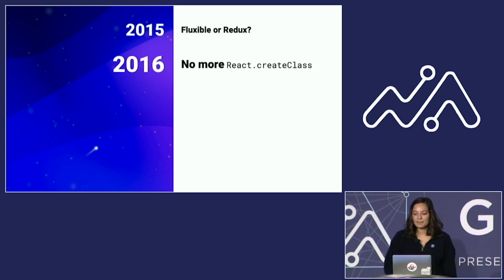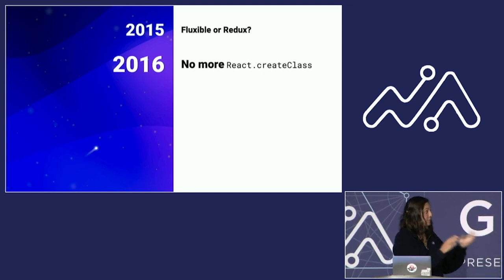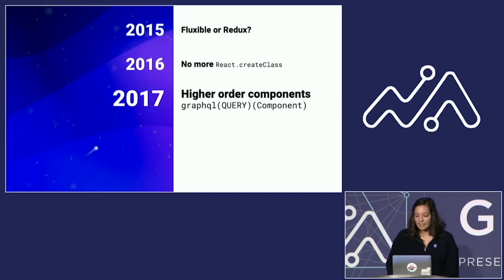In 2016, one of the big priorities that I had was helping us modernize our front-end code base from this React.createClass method to using straight class components on React, which feels like eons ago to me, and it's really only a couple of years. In 2017, the hot thing was higher order components. And so we had these GraphQL wrapper functions everywhere in our application.